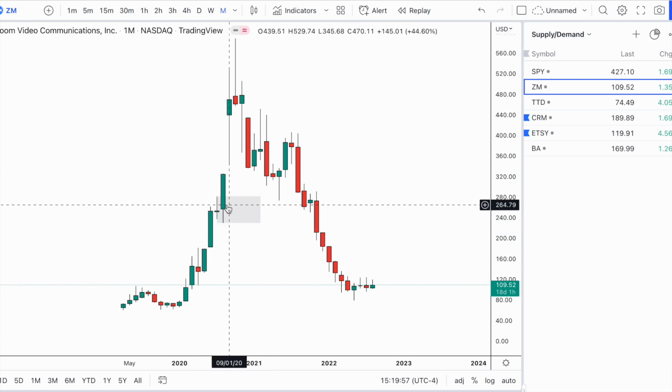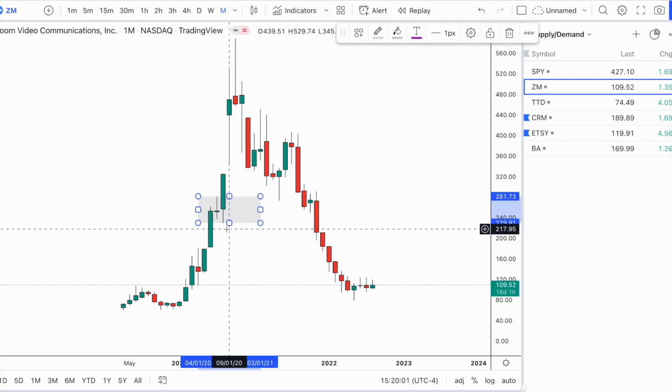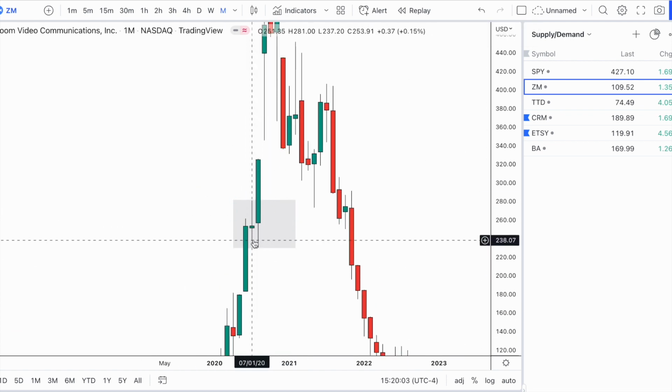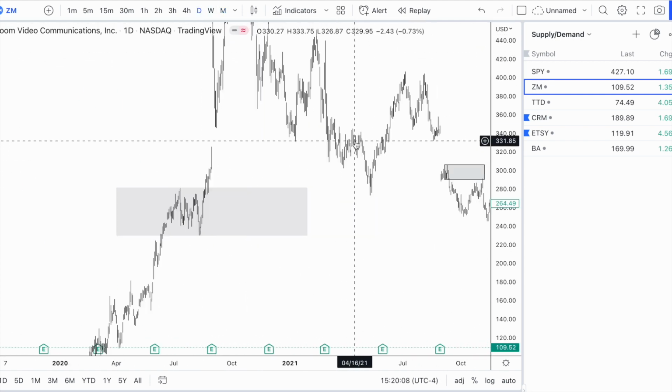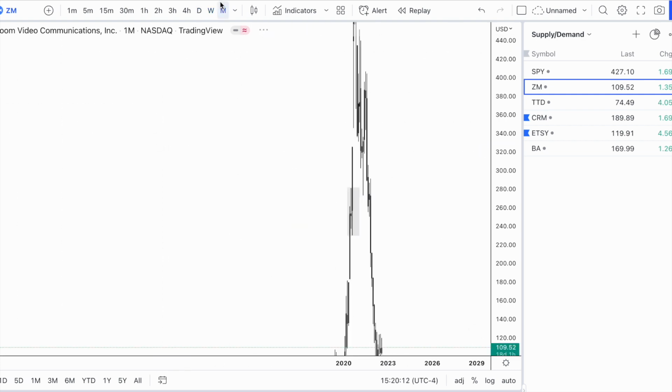And if the bottom of the explosive move candle ends up going lower than the candle before it, in this example here, you always want to go down to the bottom, right? So you want to find that explosive move, and you always want to start from the bottom of that explosive move, okay?